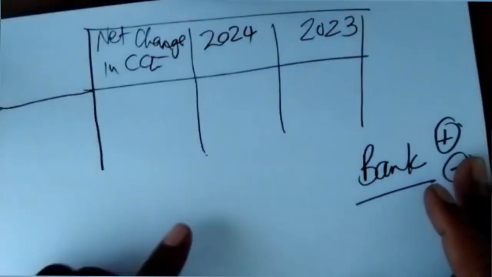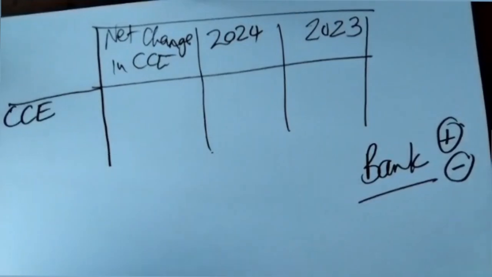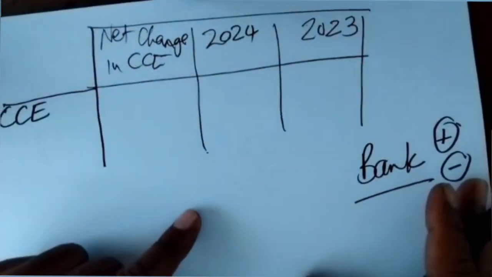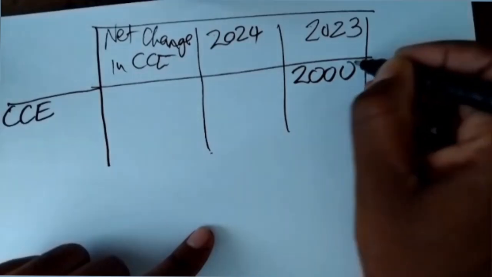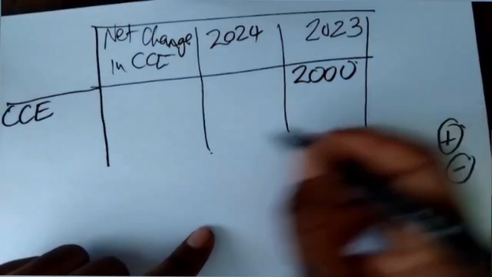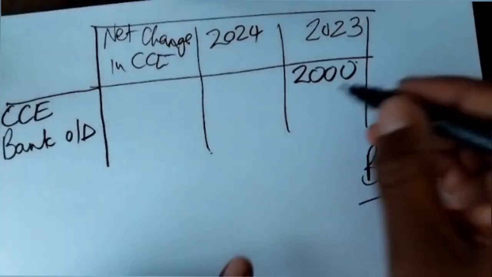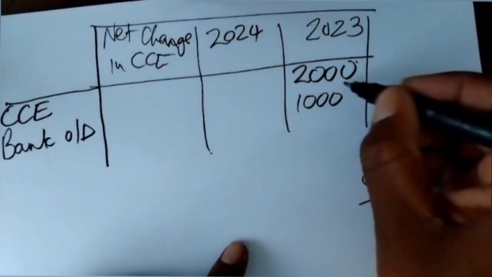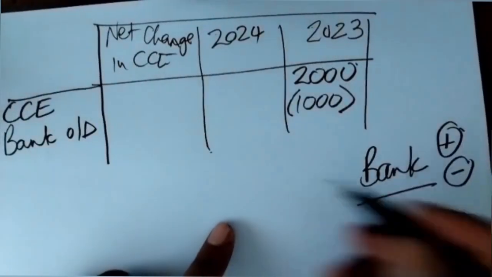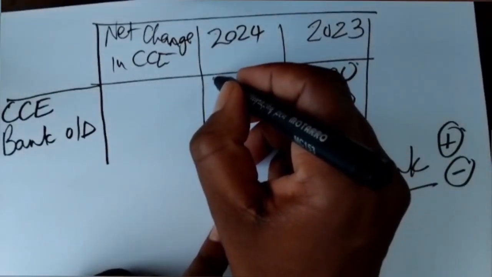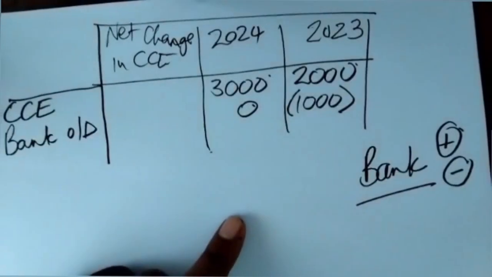I'm going to use hypothetical figures. Let's say my cash and cash equivalents was 2,000, and I had a bank overdraft of 1,000, which is in brackets. This year, my cash and cash equivalents is 3,000 and there is no bank overdraft.